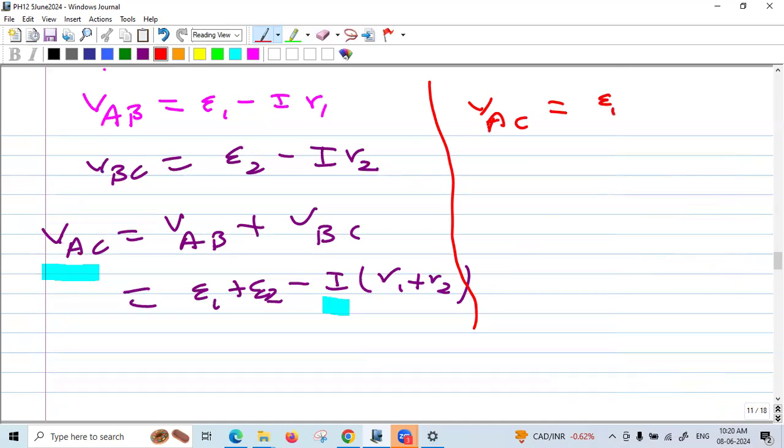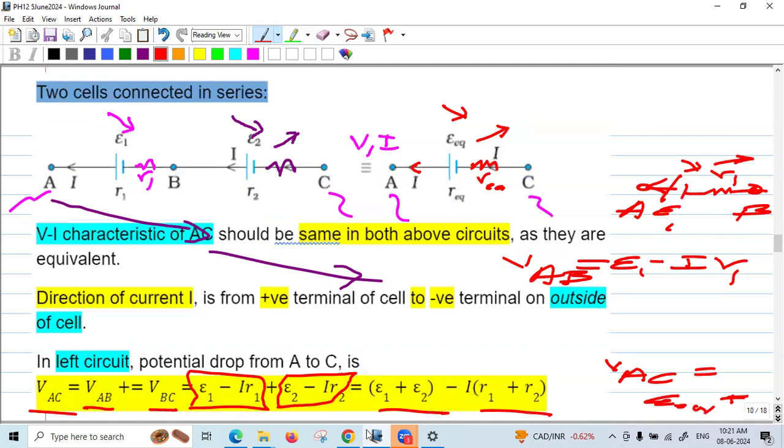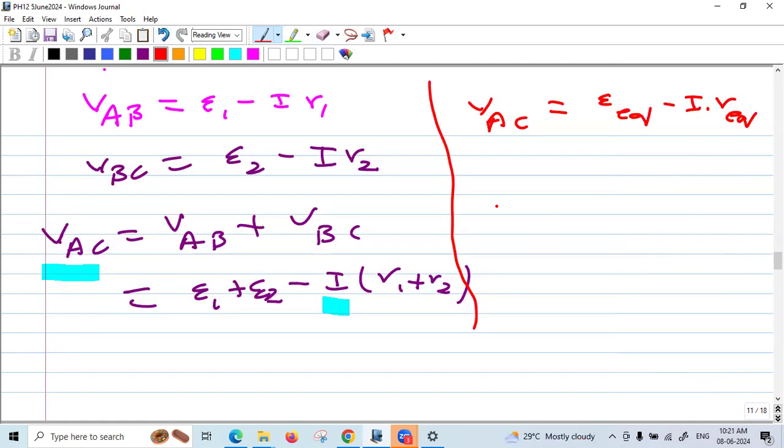it is equal to the E of the right cell. So it's E equivalent minus the rise, which is I into R equivalent. Okay, that's what I have to prove. So this is the same VA characteristic, VAC against the current.